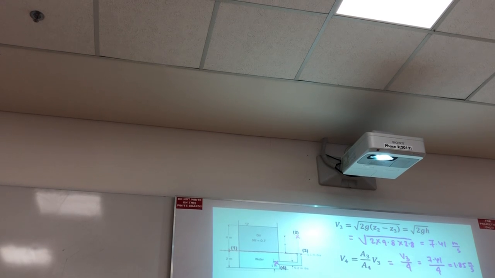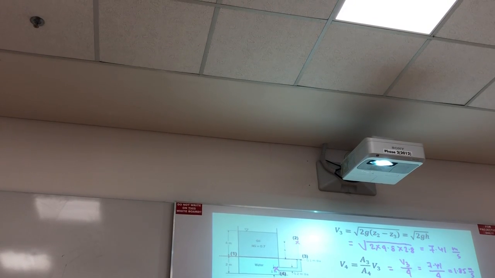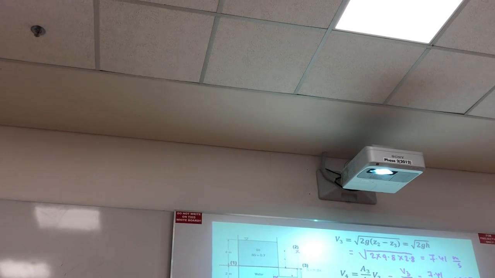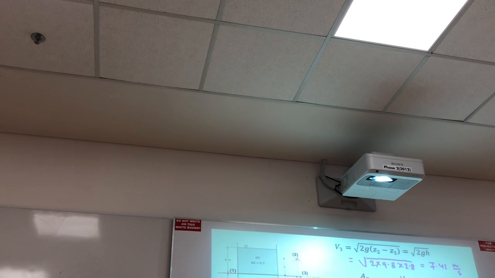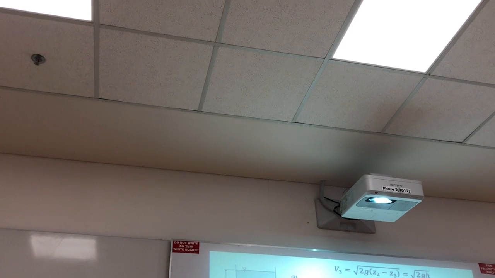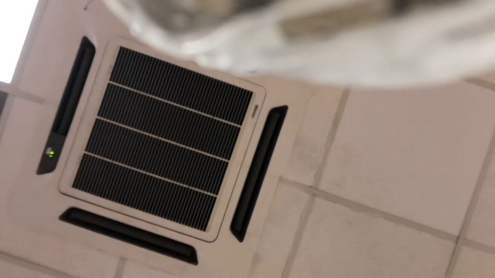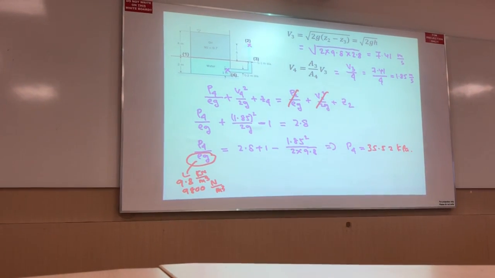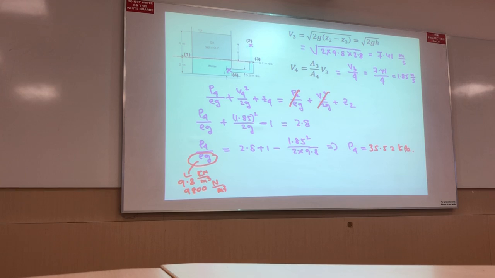Then finally I get here 35.52 kilopascal. If you use 9.8, it is kilopascal. If you use 9800, the answer is pascal. Okay, this is the understanding. Rho G is 9.8 kilonewton per meter cube or 9800 newton per meter cube, right? I taught you this long time back, in my first class. Alright, this is the answer.